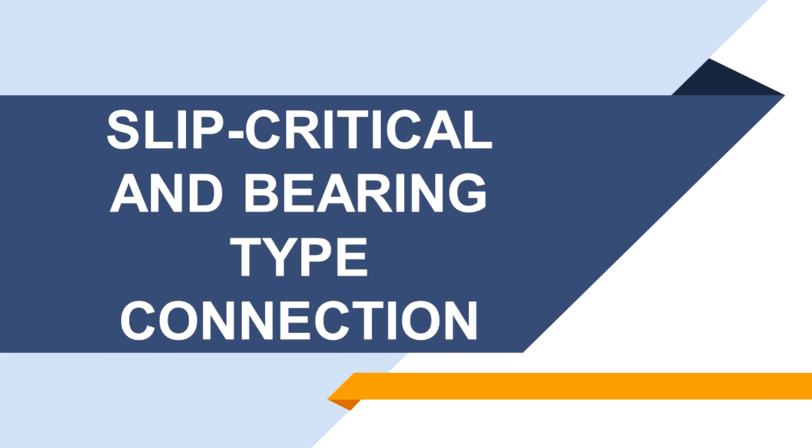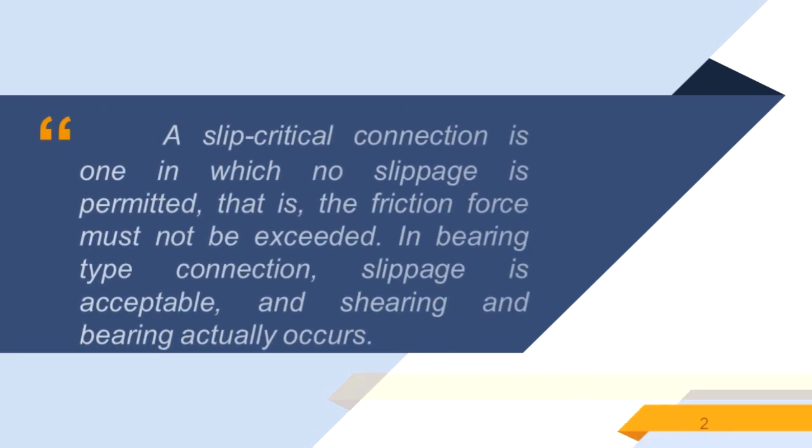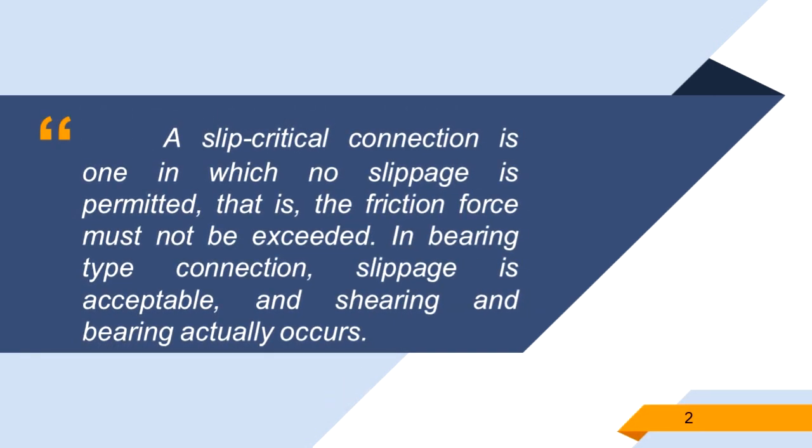Slip critical and bearing type connection. A slip critical connection is one in which no slippage is permitted. That is, the friction force must not be exceeded. In a bearing type connection, slippage is acceptable, and shear and bearing actually occur.